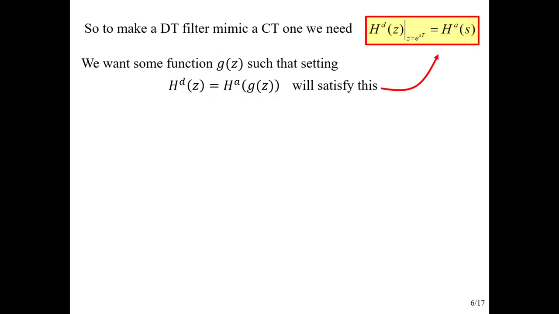That's our design trajectory that we're trying to have happen. So we need this thing, when we replace z by e to the st in whatever that function is, to just boil down to s. If we can find that g function, that'll be the magic mapping function.